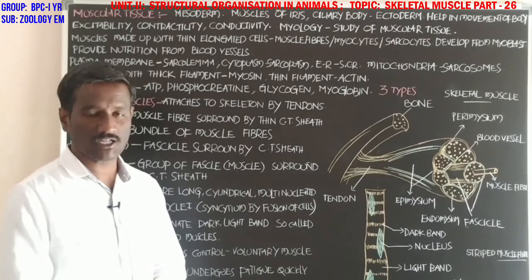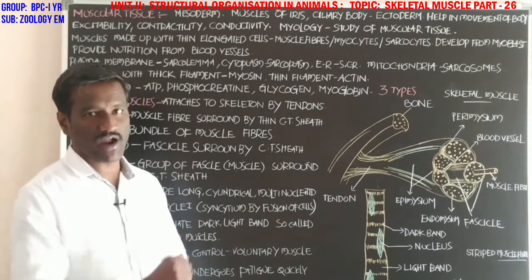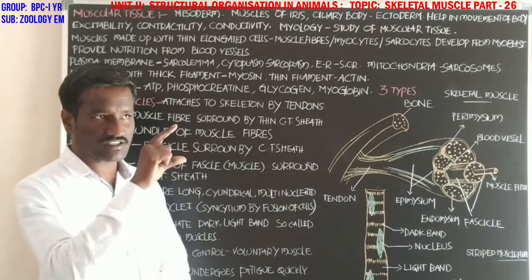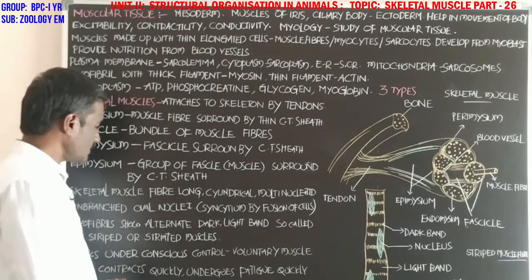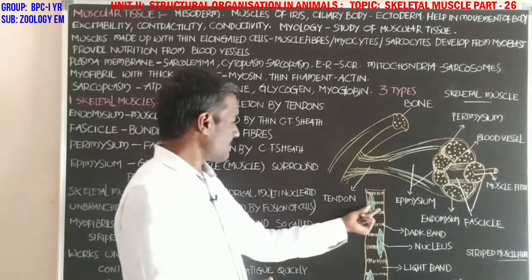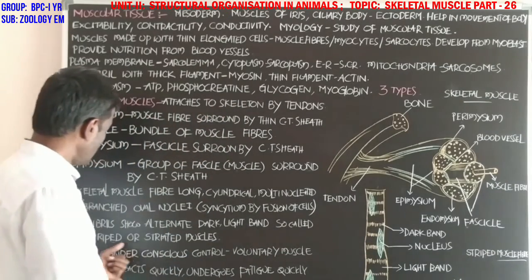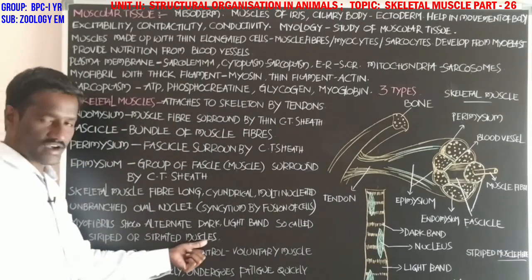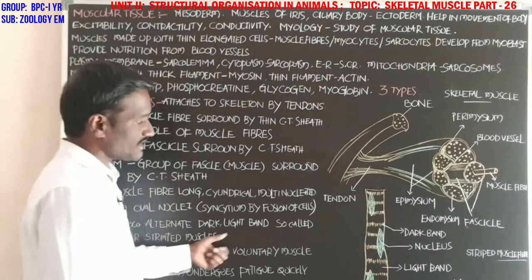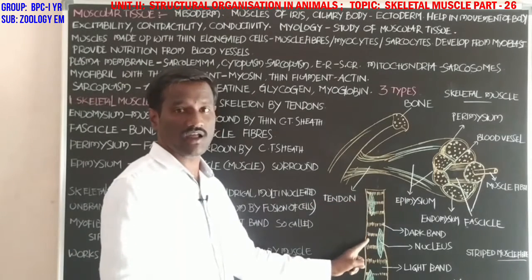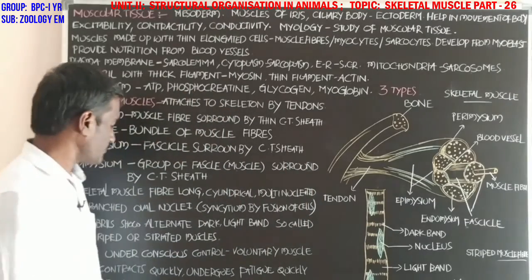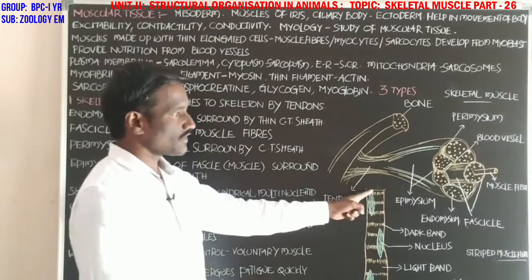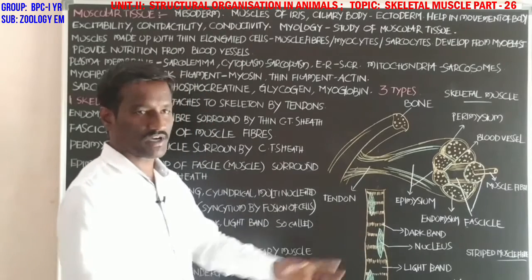Myosin filament appears as a dark band, actin filament appears as a light band. Hence this muscle is also called striped or striated muscle because of the alternate arrangement of the dark band and the light band throughout the length of the muscle fiber.